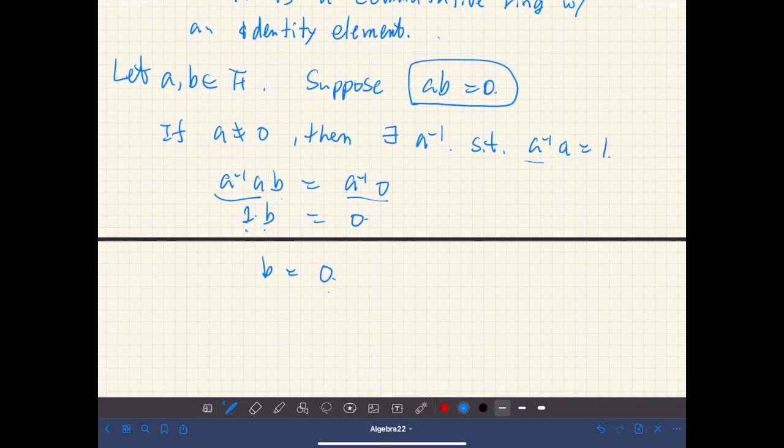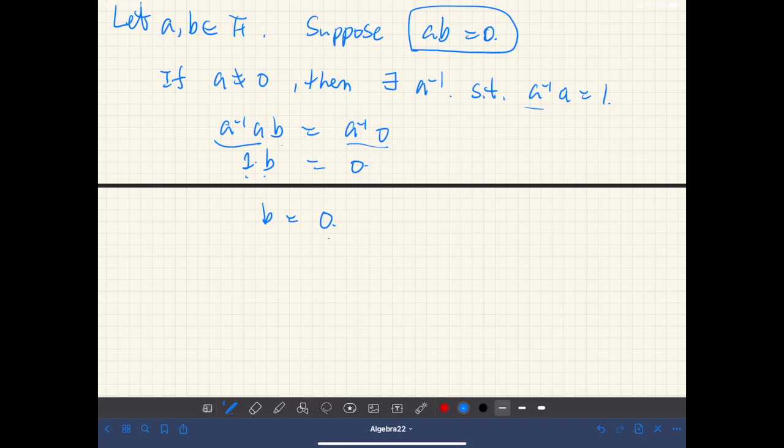Therefore, similarly, if B is non-zero, then we can show that A must be equal to 0, by a similar argument.